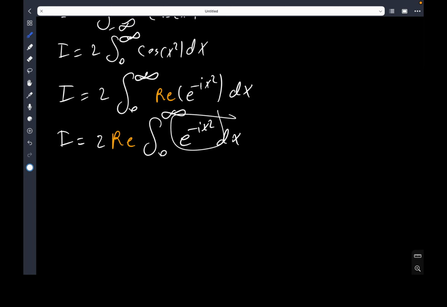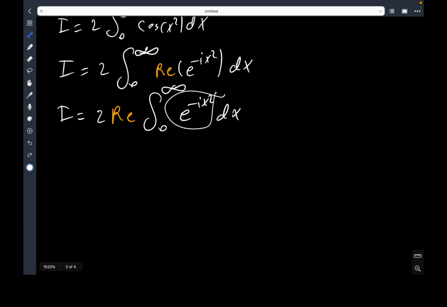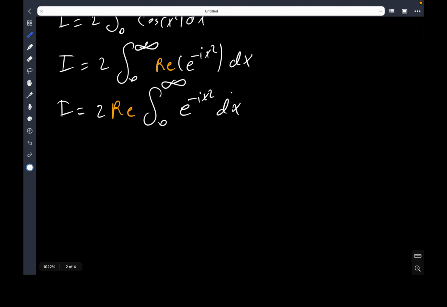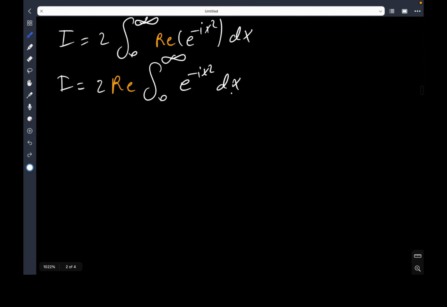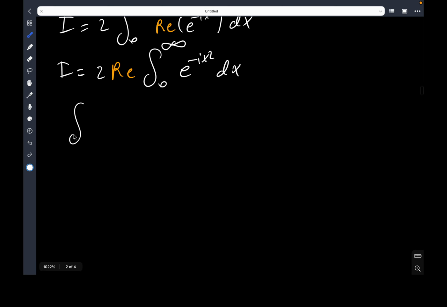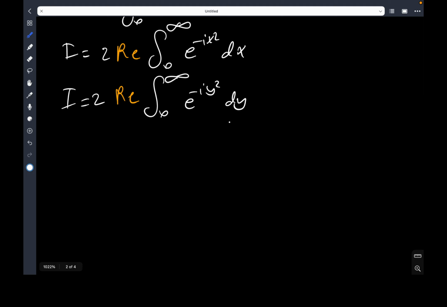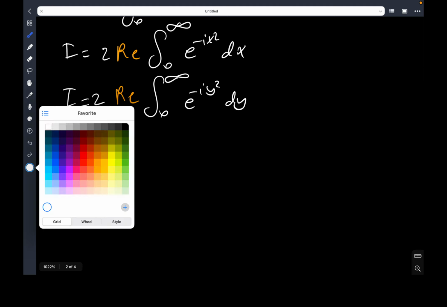Now this seems to be like a Gaussian integral, and actually there is a really clever way to solve this integral. I'm gonna write this integral once more, but this time in terms of e to the negative iy squared dy, and I can multiply these two integrals together.